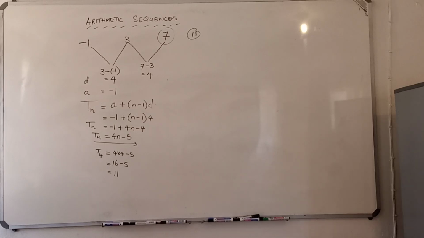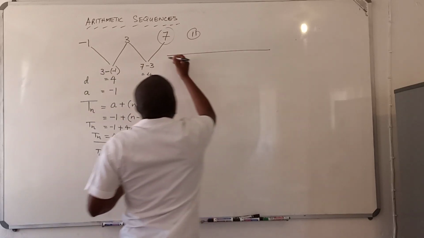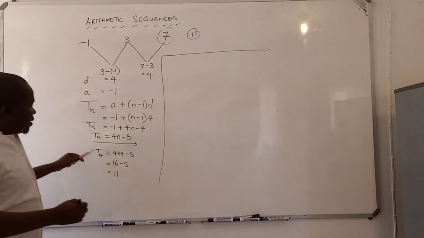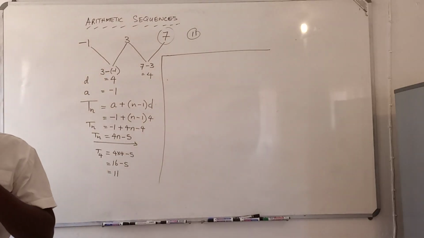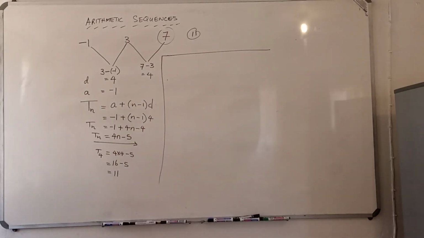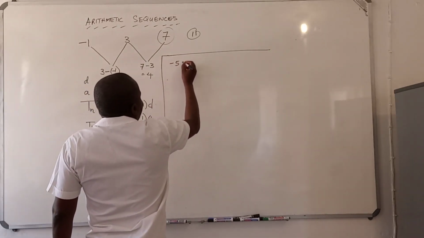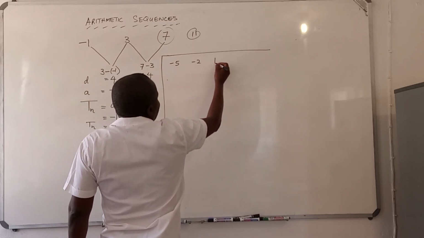Right, let us try another example. I'll do it on the side here. In this case, remember, we're just trying to find the formula, which we got as 4n minus 5. Let us look at this sequence: -5, -2, 1.